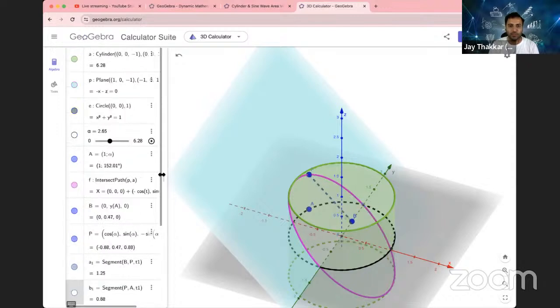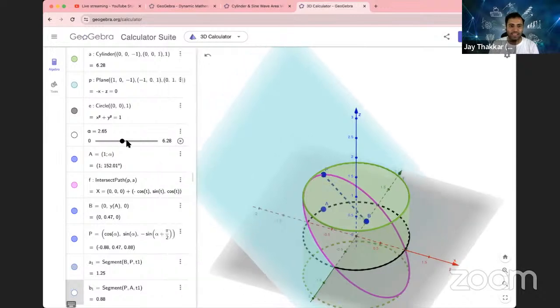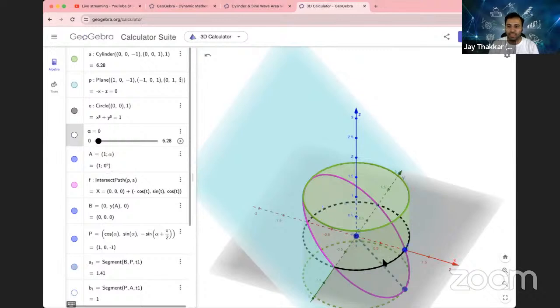So when this angle is zero, this point P is at the bottom, and the value is -1. So it's starting from -1. That's why instead of sine alpha, I have taken sine of alpha plus pi by 2, which is basically the cos function.